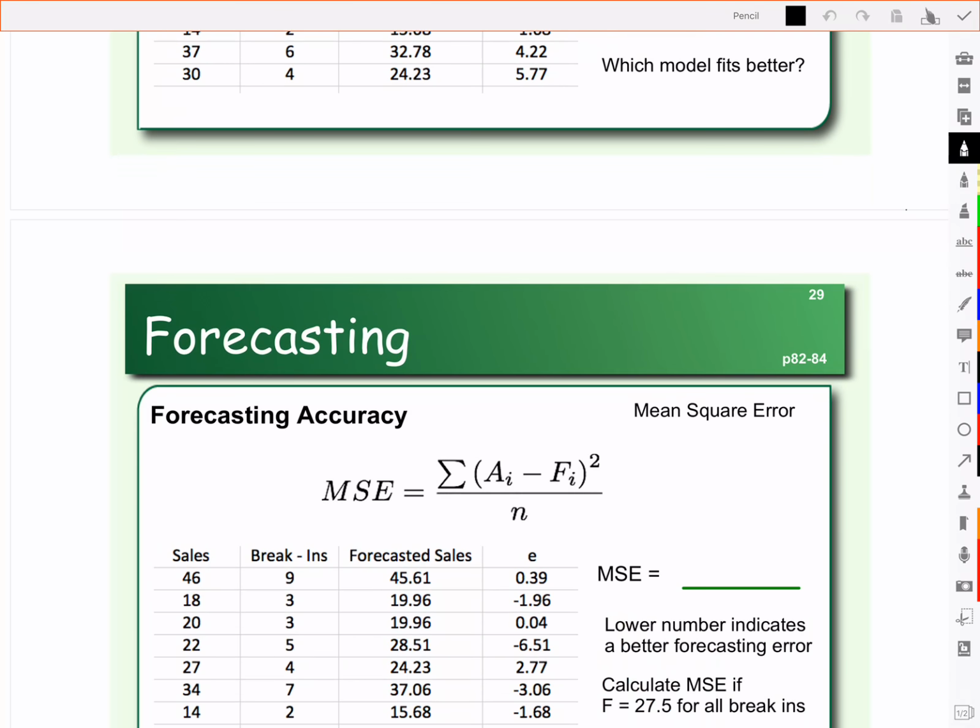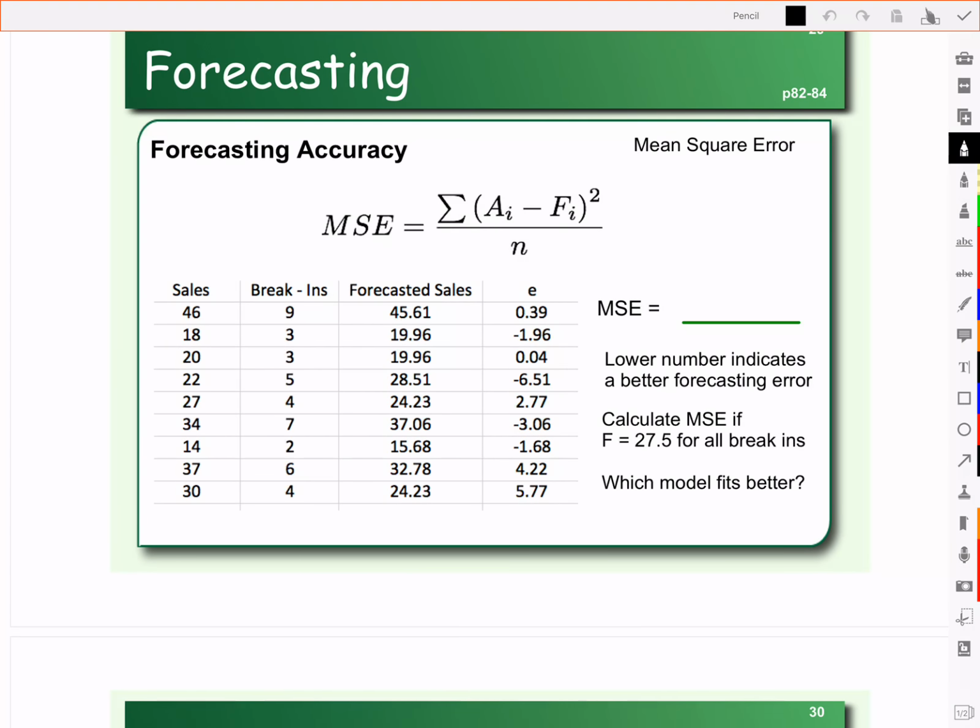So if we go to our data set here, so here's our sales, our forecasted and our actual, and we found the forecasting error. To find the mean square error, we're going to take 0.39 and square it, plus our negative 1.96 squared, plus our 0.04 squared, plus our negative 6.51 squared, and so on.